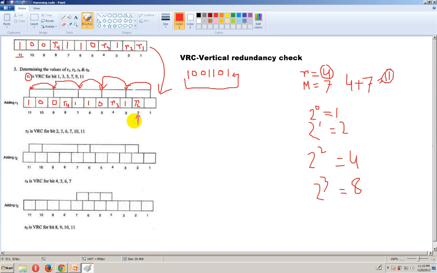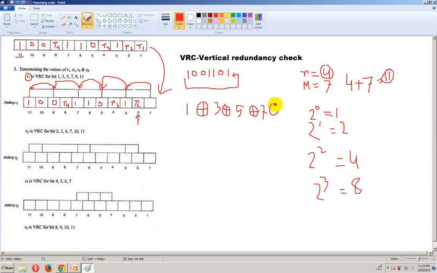Now we need to calculate with all these positions. How are we going to calculate r1? This is the question. We all know about the exclusive OR, right? We need to calculate this by exclusive OR. So it should be position 1, then position 3 exclusive OR, position 5 exclusive OR, position 7.